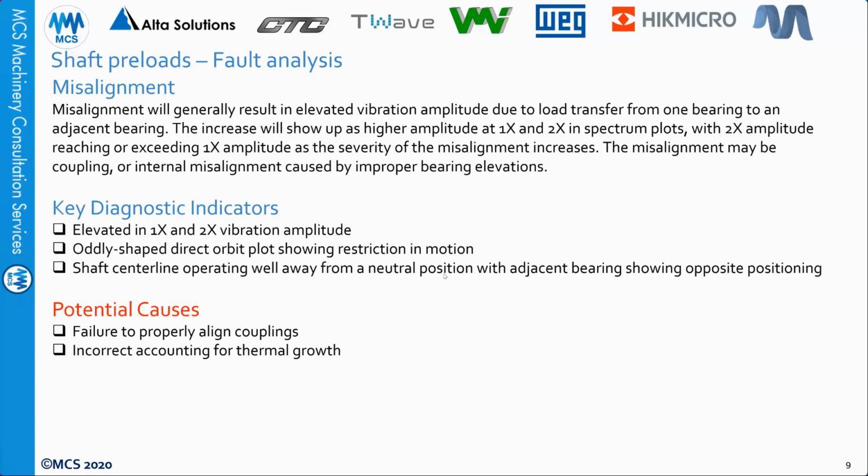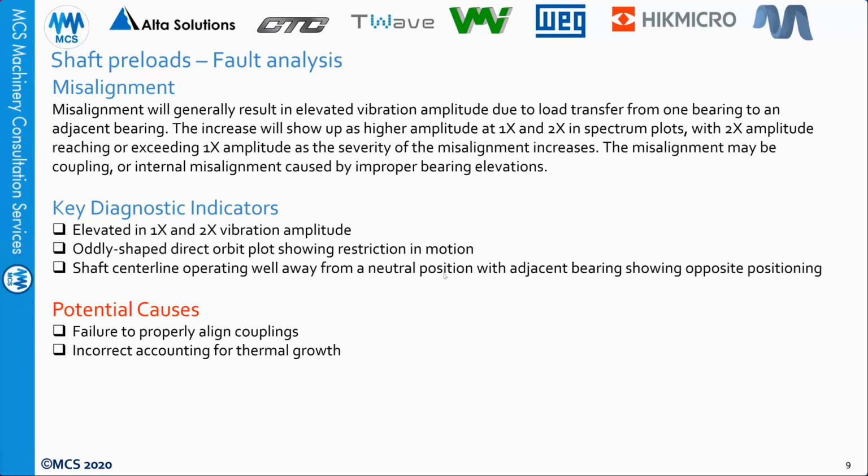You need to collect all the different clues and link them together so you will be able to know what the problem is. Elevated 1x and 2x vibration amplitude is one of the indications of misalignment. Another is an oddly shaped direct orbit plot showing restriction in the motion, and we'll look at a few examples. Another is the shaft centerline operating well away from the normal natural position, with the adjacent bearing showing opposite positioning.